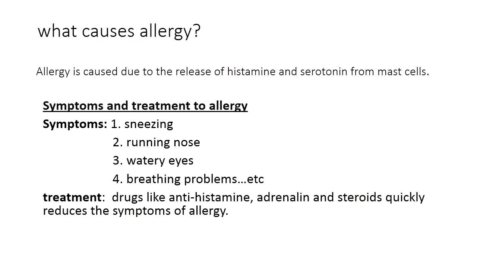Allergy is caused by the release of certain chemicals from mast cells. Mast cells are present in blood. Whenever allergens are present in the system, they will release two chemicals, histamine and serotonin. Because of these two chemicals, most allergic reactions happen. Whatever the reaction may be, sneezing, wheezing, or watery eyes, all these allergic reactions appear because of these two chemicals.